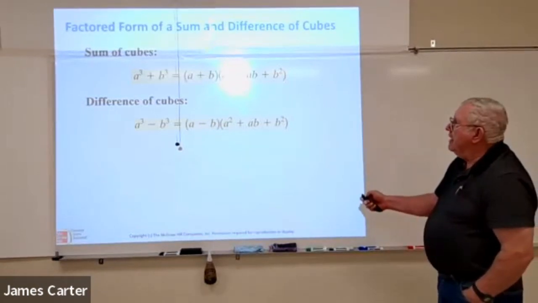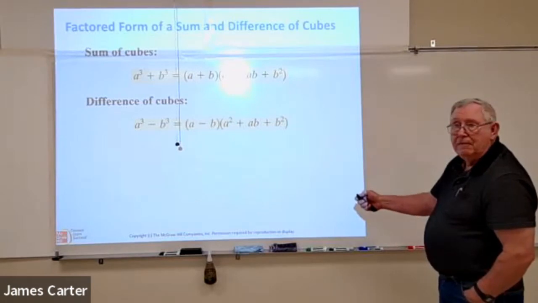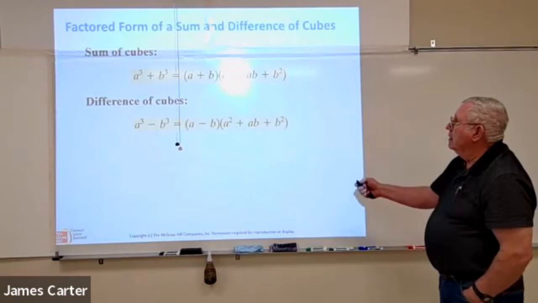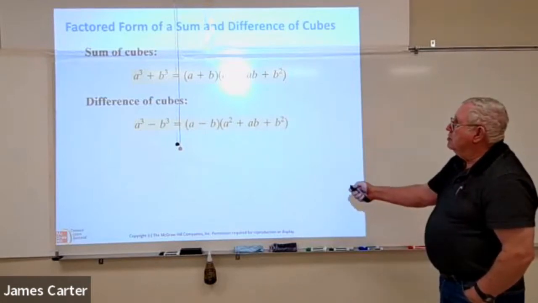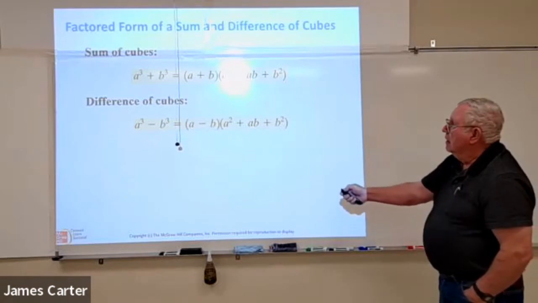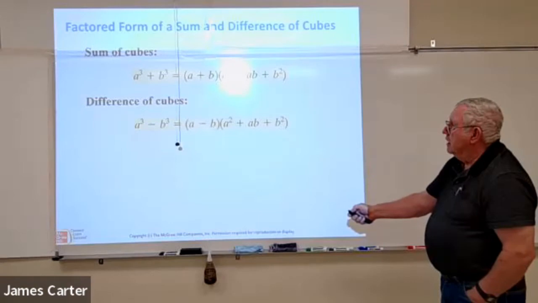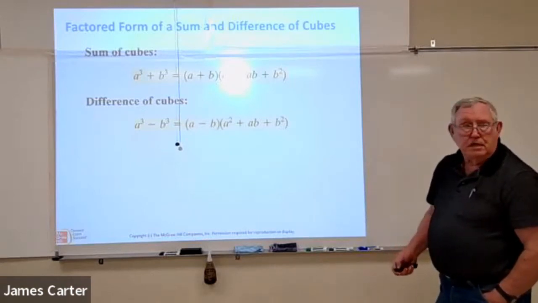But look at the second term sign. Okay? And then the last one is always plus. So these two signs, same, opposite, same, opposite, with a plus always on the end.